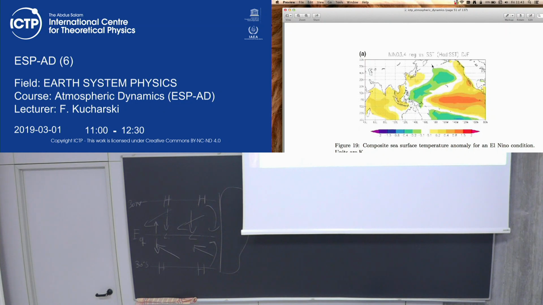It's a sea surface temperature index defined from 190 east to 240 east, and 5 north to 5 south. And we take this index and build a composite of sea surface temperatures according to this index. In this case, it's just the covariance of this index. We normalize the index and calculate the covariance with the sea surface temperatures everywhere else. This is a composite if you want to.